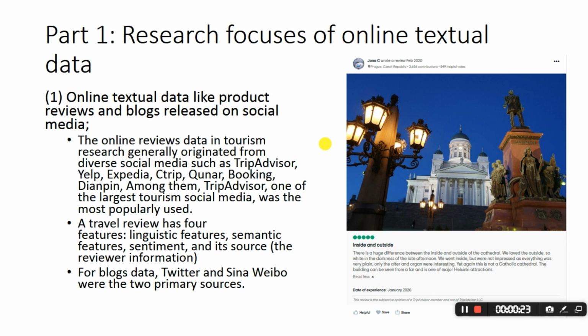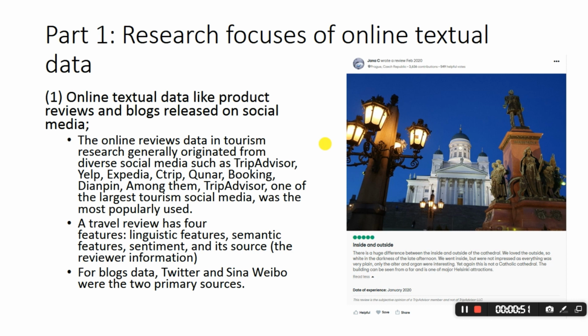The online review data in tourism research generally originated from different social media platforms, such as TripAdvisor, Yelp, Expedia, Ctrip, and so on. Among them, TripAdvisor is the largest travel review platform. It was the most popular used in previous studies.